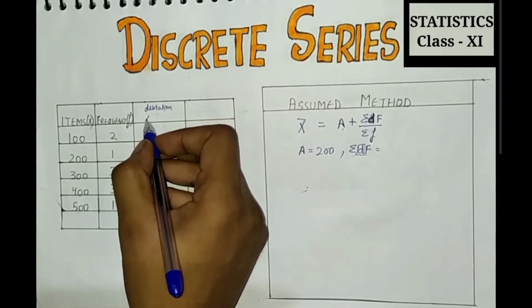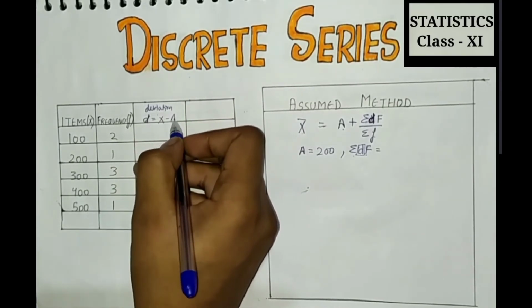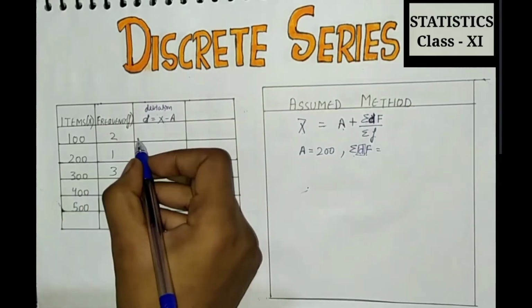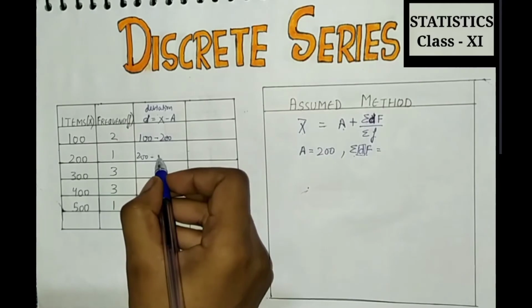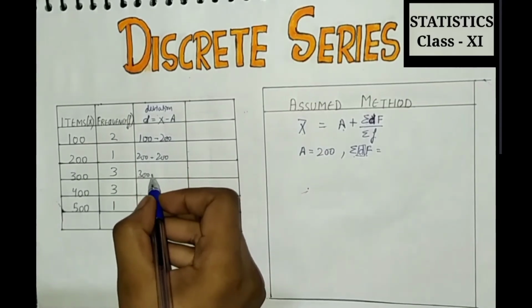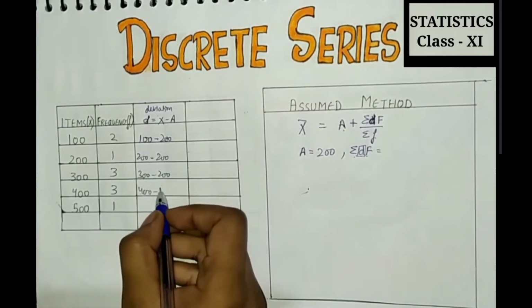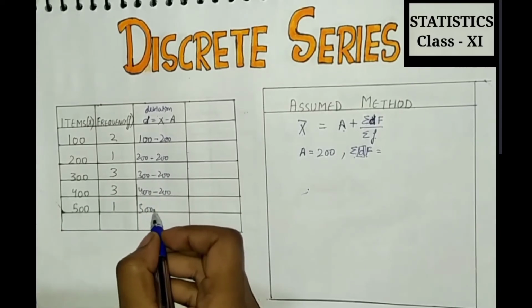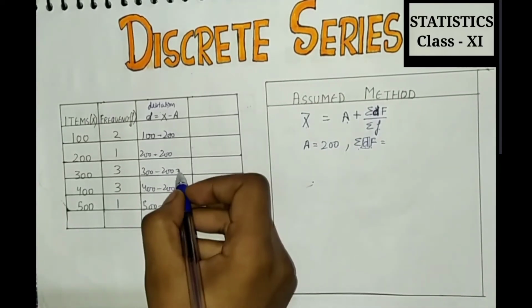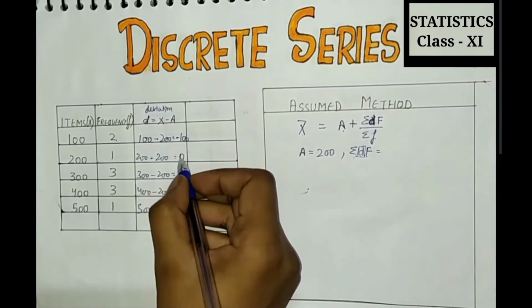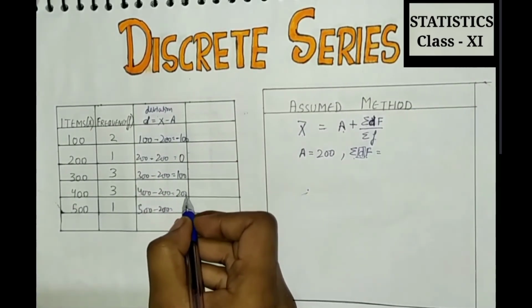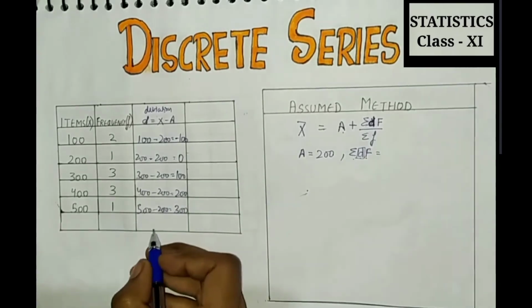The formula for deviation is d is equal to x minus A. So our x is 100 minus 200, 200 minus 200, 300 minus 200, 400 minus 200, 500 minus 200, which is equal to minus 100, 0, 100, 200, 300.